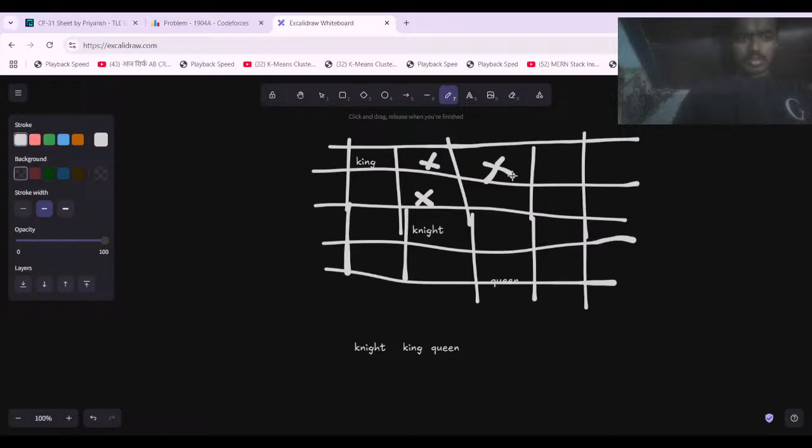One and two and like three. This sort of movement that a knight does is limited by the fact that a knight, by its virtue inside a normal chess game, moves with 2 and 1 in any direction.